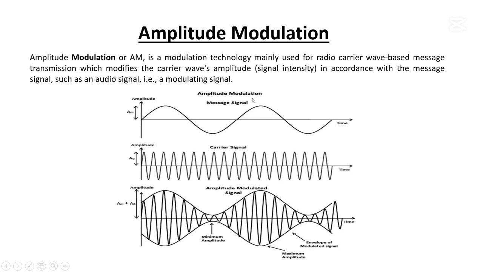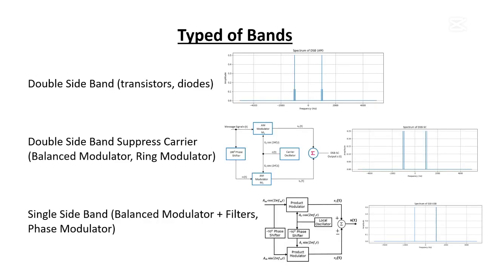This is called a double sideband. Double sideband is nothing else but a carrier signal, the addition of carrier and message signal, and the subtraction of carrier and message signal.